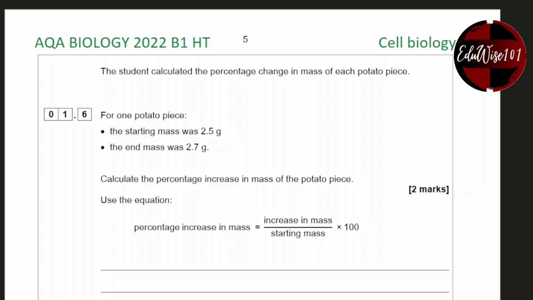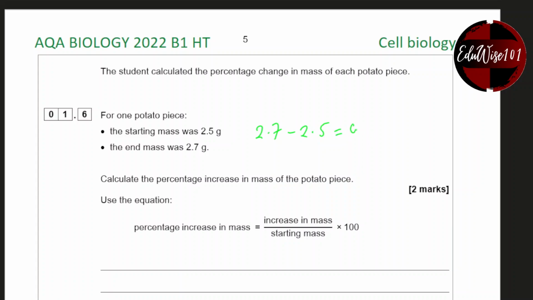1.6, the student calculated the percentage change in mass of each potato piece. For one potato piece, the starting mass was 2.5 grams and the end mass was 2.7 grams. So the change in mass here is 2.7 minus 2.5.